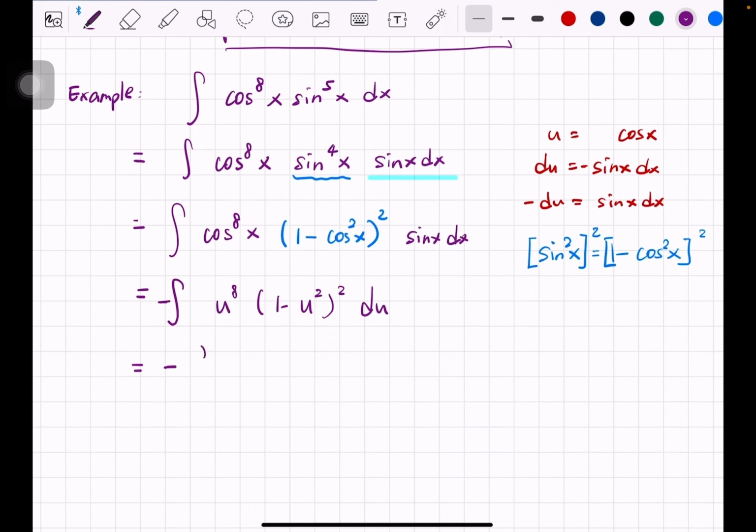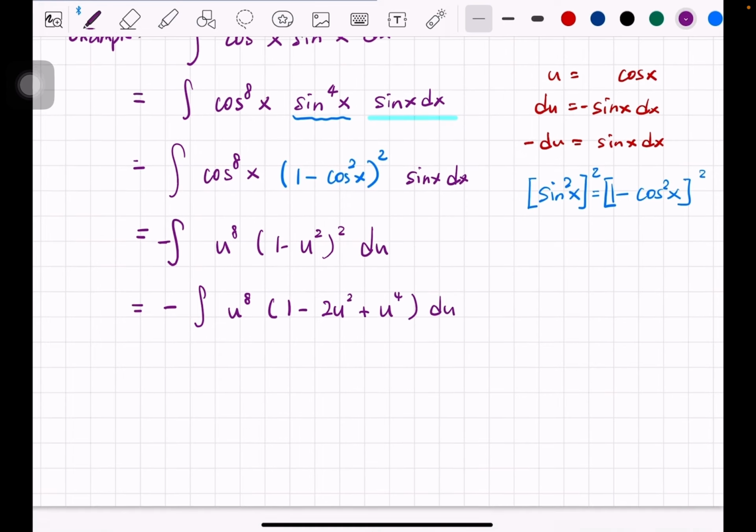Now we need to expand the 1 minus u squared quantity squared. FOIL it. We got 1 minus 2u squared plus u to the 4th power. And then distribute the u to the 8th power.